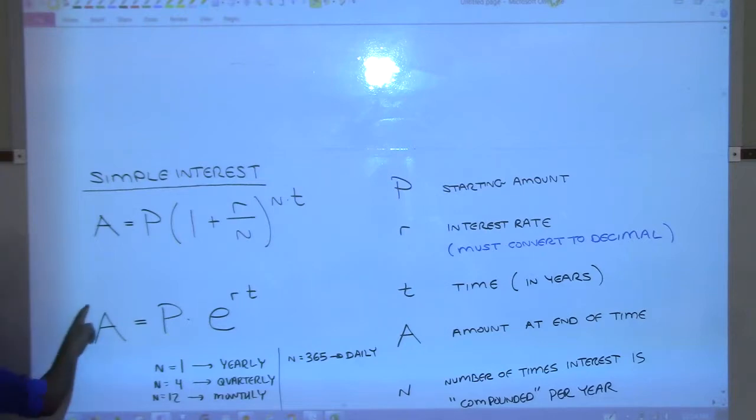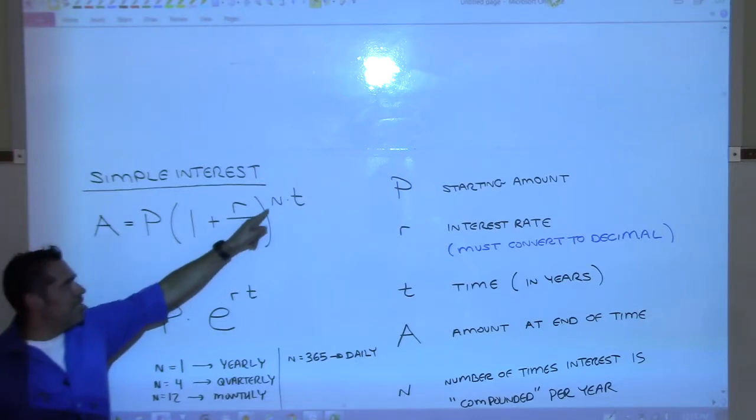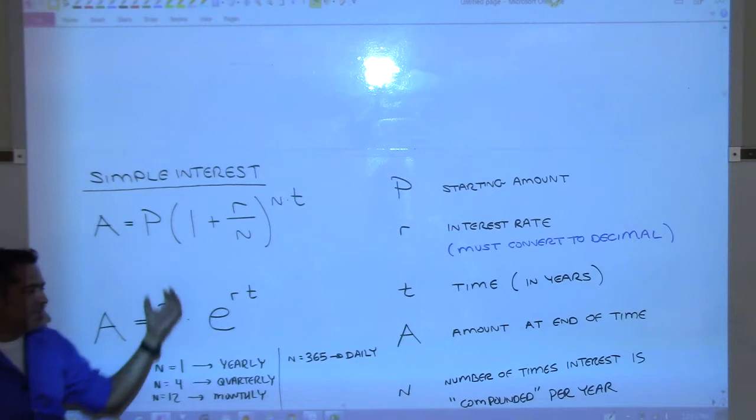Do you see that this formula right here doesn't have n? This one does. So this formula is a very special case of this formula when we let n become infinite. In other words, they're compounding your interest at every instant of every moment of every day. It's like let this n go to infinity, and what happens is you get this formula.